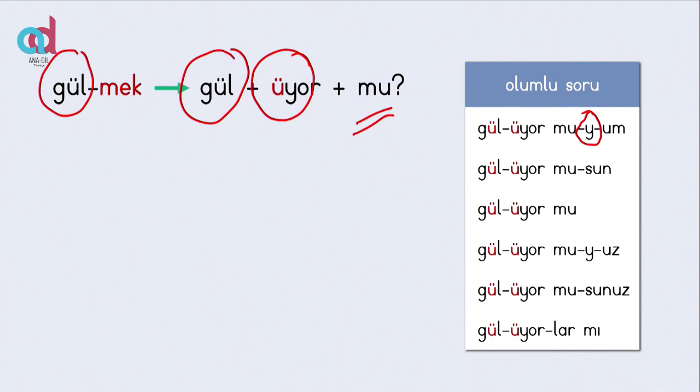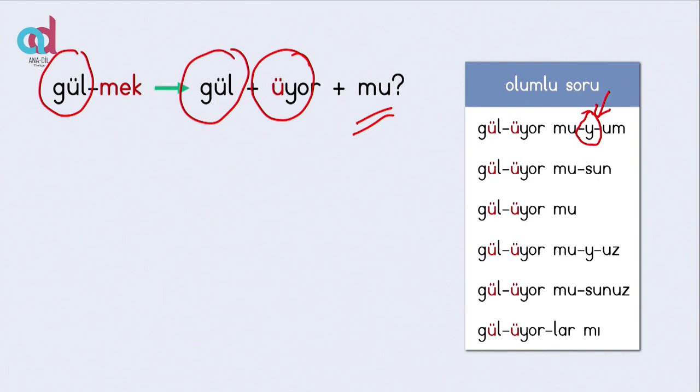Let me try to explain what I'm saying. If we say gülüyor mum, it sounds crazy and terrible. So that's the reason why we use this helping letter Y to make it easier to pronounce. It's impossible otherwise.